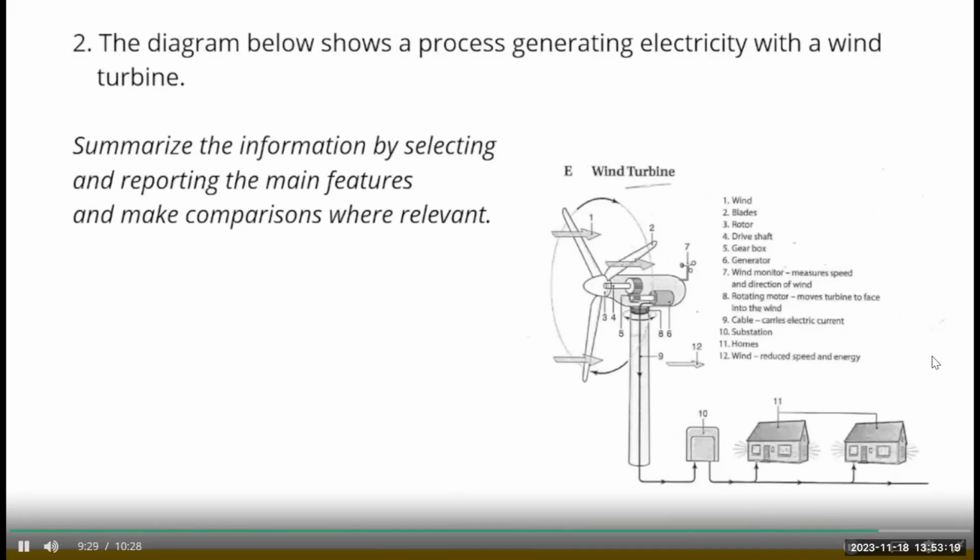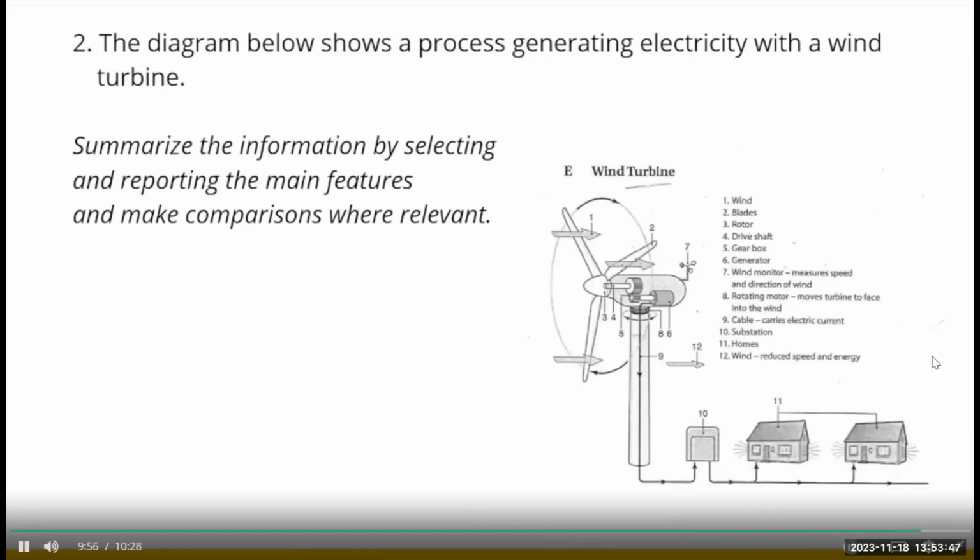So you have a lot of steps from 1 to 12, and it explains step by step how things are done. And I know it can be really challenging at first, and you might be a little bit overwhelmed and scared seeing this type of diagram, but trust me, with a lot of practice, you'll get better, and you just need to know how to accomplish this kind of task. All you need to do, as I mentioned previously, is follow every single step.